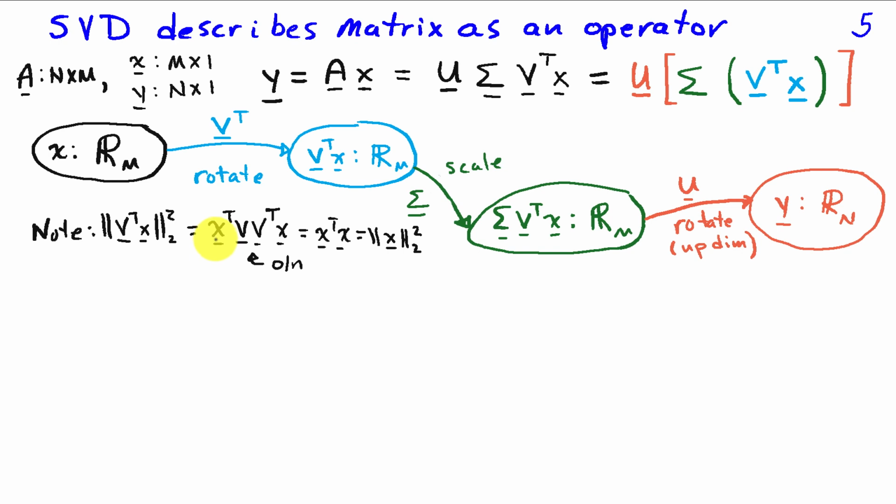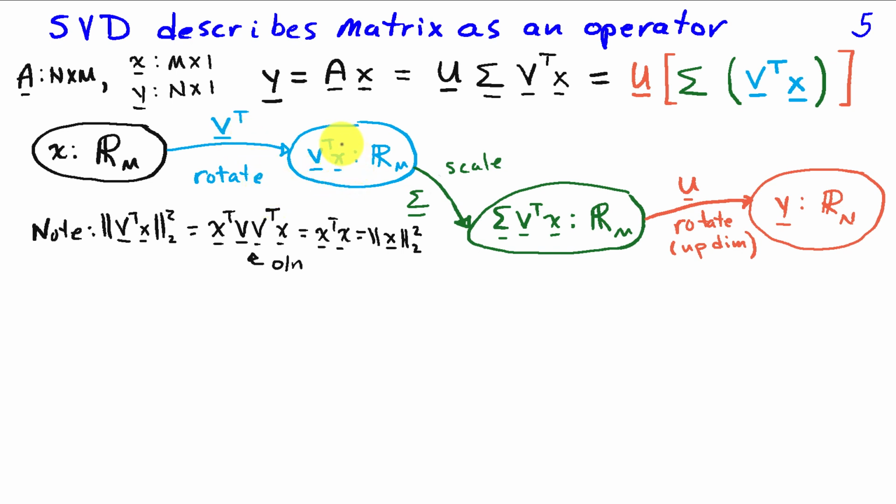So the 2 norm squared is just the inner product of this vector with itself, so that's X transpose V, V transpose X. Since the columns of V as well as the rows of V are orthonormal, V V transpose is the identity, and we see that the 2 norm of V transpose X is the same as the 2 norm of X. So when I multiply by V transpose, I'm not changing the length of X at all, I'm just pointing X in a different direction. That's why we're calling this a rotation.